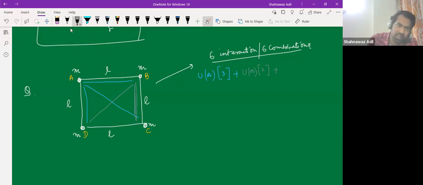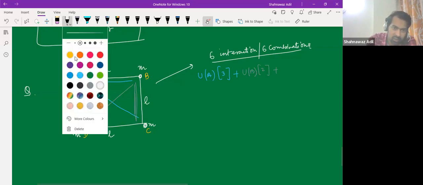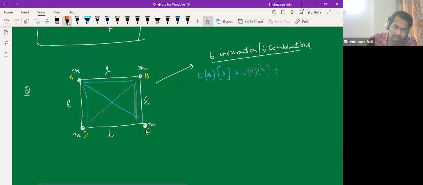And then the last one remaining was this one, at C. This one I have counted, this one I have counted, so this one is only 1. So U at C was 1.